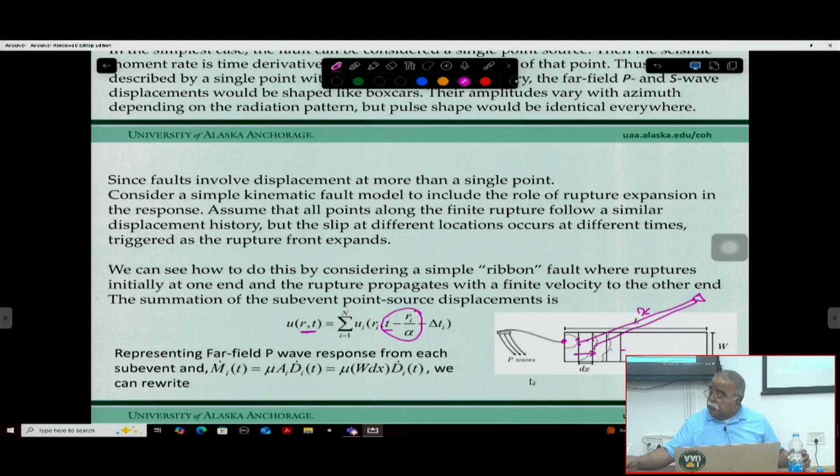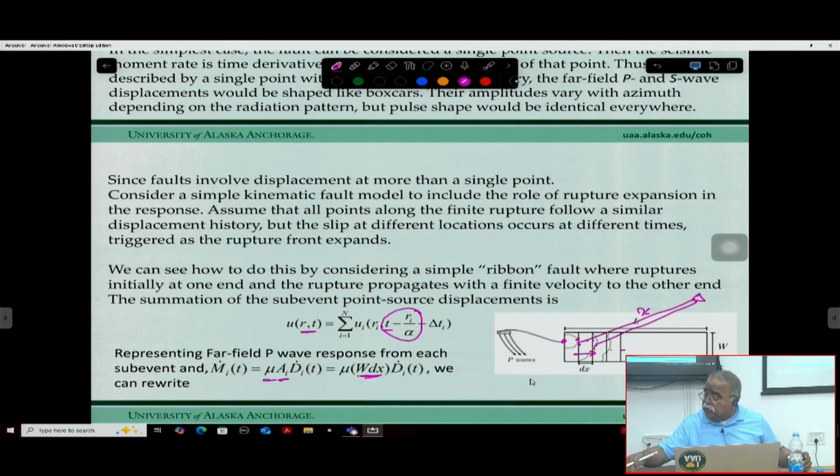So this entire part will be mu into A, and U(R,t) is equal to mu s into D dot. So that will be equal to mu into A, meaning W into delta X, which is the area. So this is your W into delta X, the area, into D dot into T. So D dot you can calculate from this number, right?